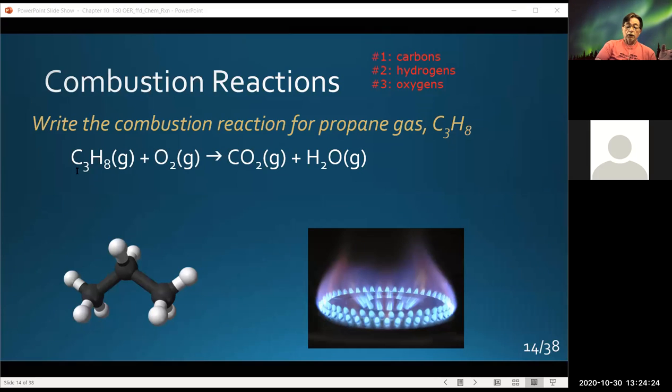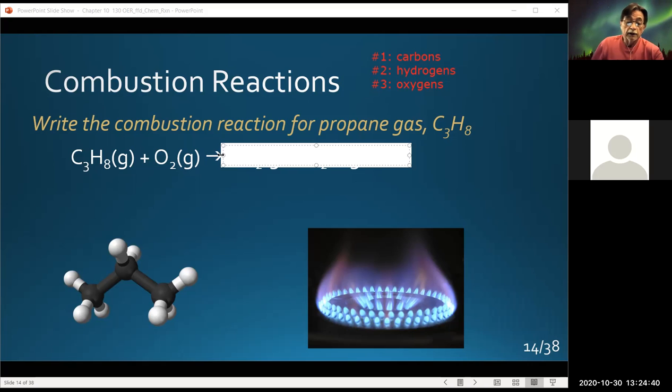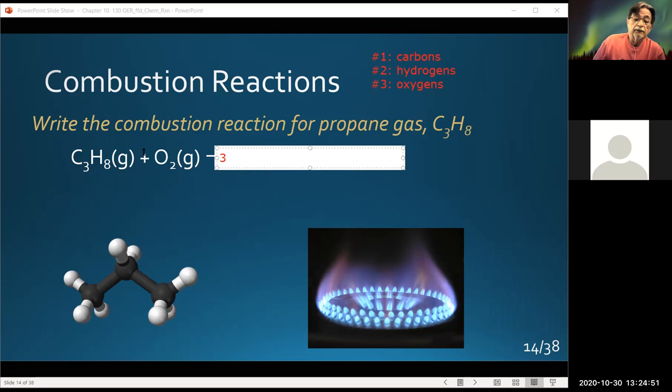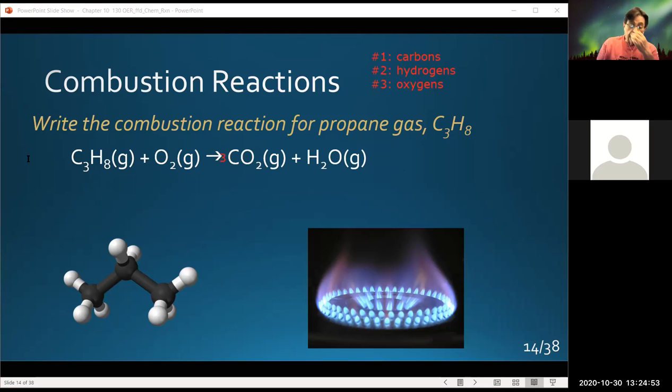We have 3 carbons on the reactant side, 3 in propane, but we only have 1 on the product side, 1 in carbon dioxide. So we simply put a 3 in front of carbon dioxide.